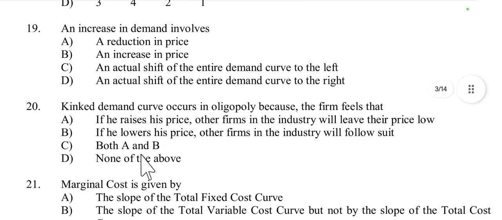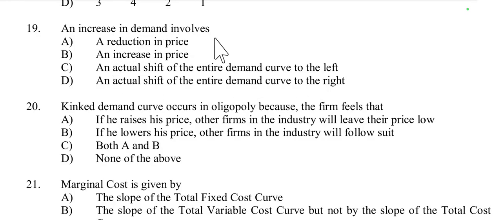Then question number 19, an increase in demand involves, when demand increases, then what happens? A reduction in price, an increase in price, an actual shift of the entire demand curve to the left, or an actual shift of the entire demand curve to the right.